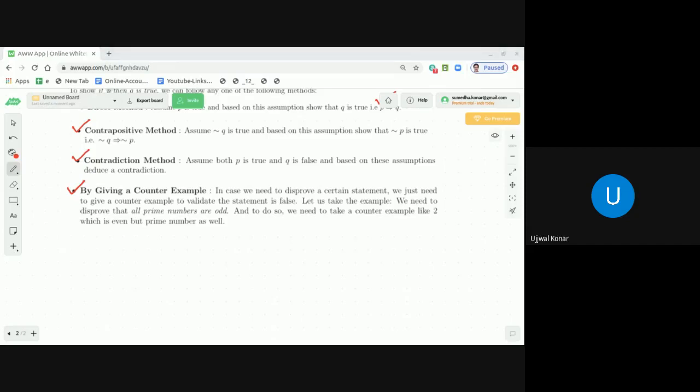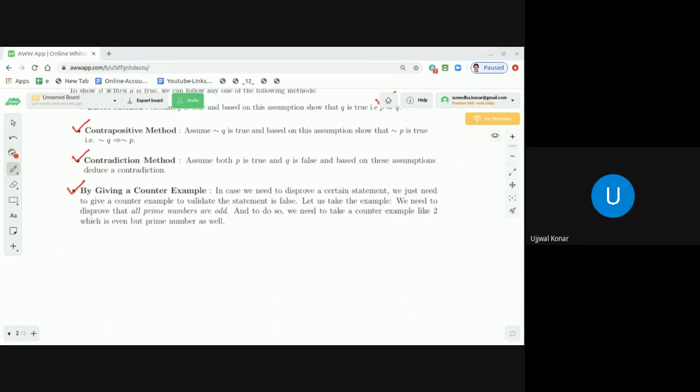Now, dear students, one thing I would like to inform you: to prove a statement, illustrating the validity of the statement by means of an example is not sufficient to prove that the statement is correct. So what it means is that when we need to disprove something, a counter example is sufficient. But when you need to prove something, just giving one example is not sufficient. Then you need to prove it by means of a conventional method.